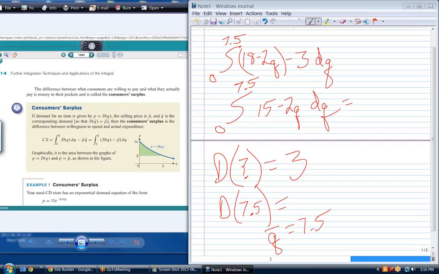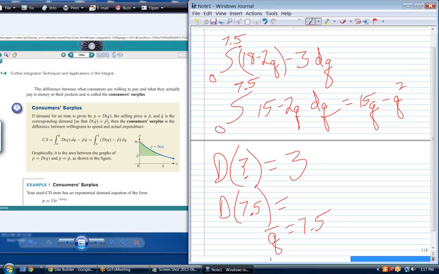First of all, what's the integral of 15 minus 2q? Actually, it's just 15q. The integral of 15 is 15q, minus 2q squared over 2, the 2's cancel.